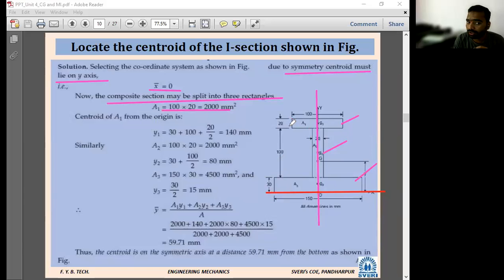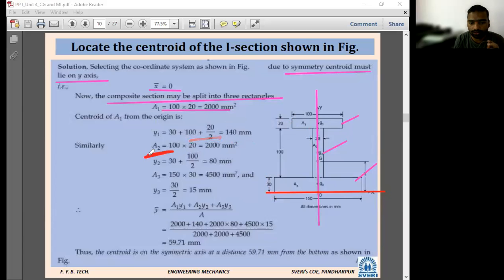How much is it? 140. Or you can also do it like this: total is 150 minus 20 by 2, 150 minus 10, 140. You can also do it that way. Correct answer? Yes, sir.